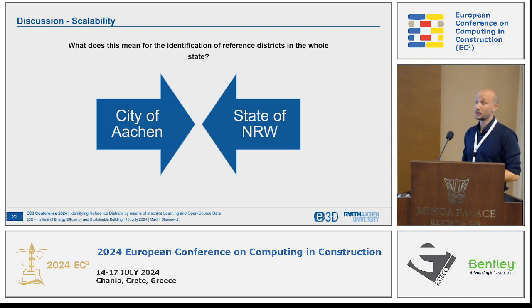So for the City of Aachen, we used the high performance computing center of the university, and for one model it took us about 2 days of computation just to get any clusters. So how much is that transferable to the state of NRW? Is it possible to compute all those clusters separately for a city or a region or a municipality, or does this approach require to actually cluster everything all at once?